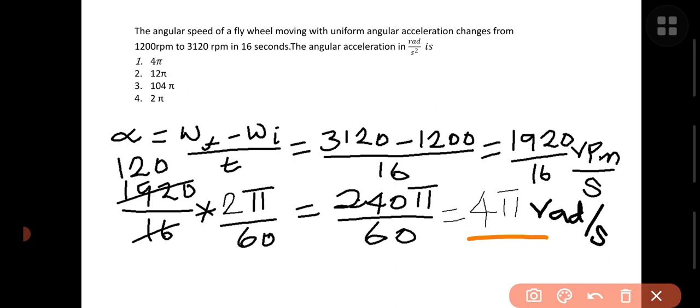Here we have 1920 rpm per second. This is converted into radian per second by multiplying by 2 pi by 60, and the final answer we get is 4 pi radian per second. So the correct answer is option number 1, 4 pi.